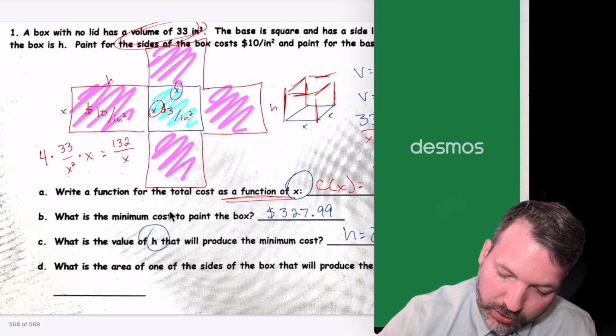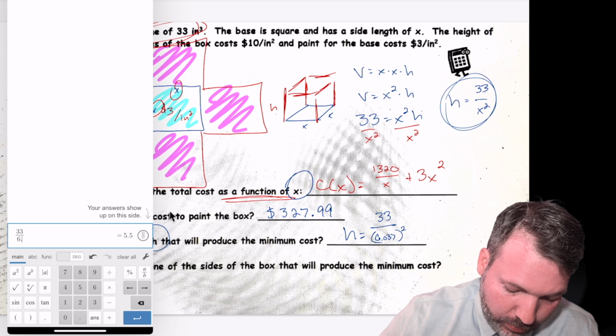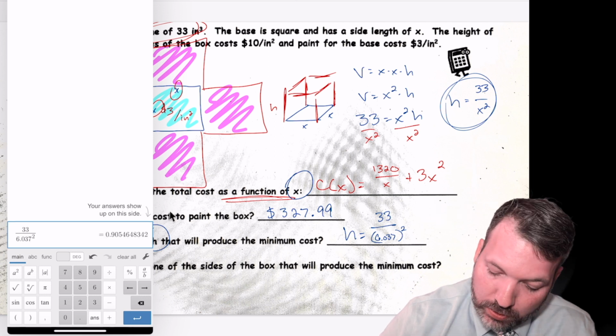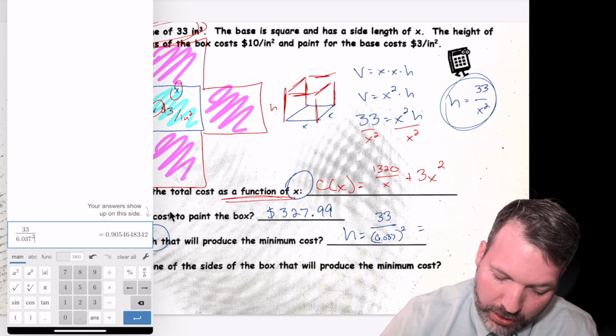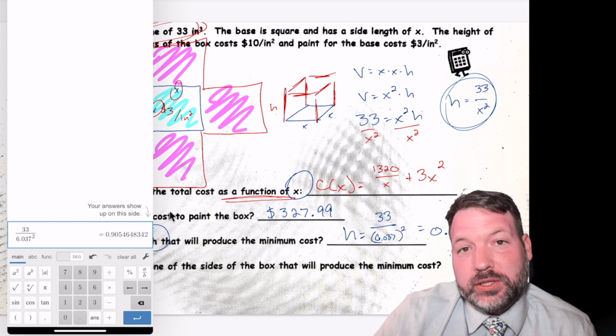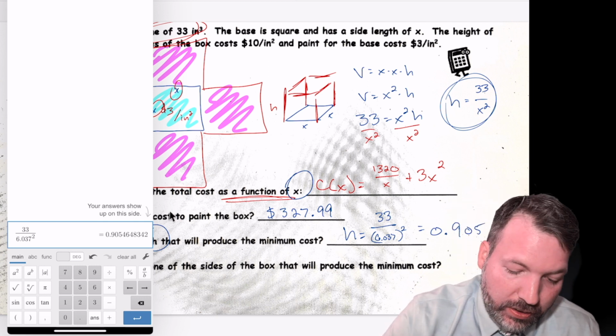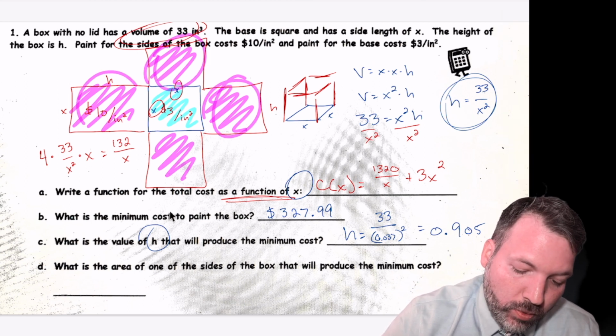And so let's pull up our calculator. 33 divided by 6.037 squared. So this is an awfully shallow box. The height right now is only 0.905.